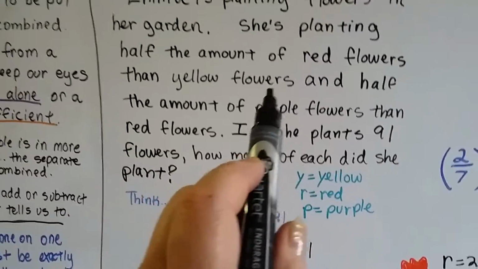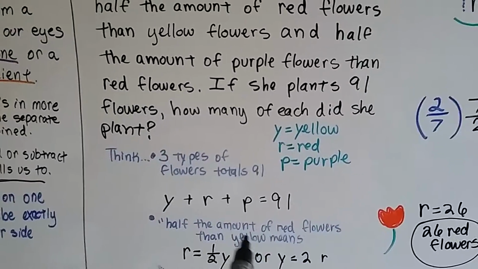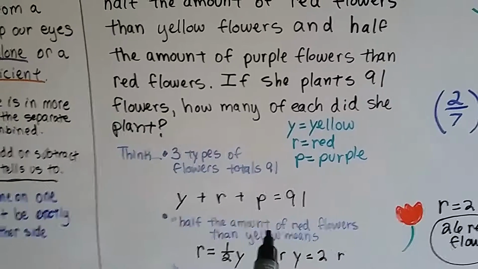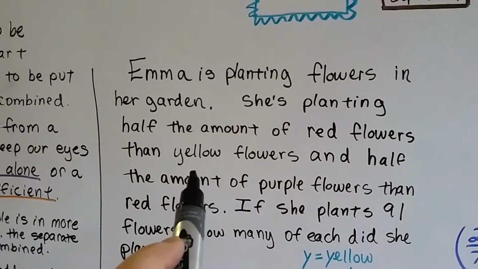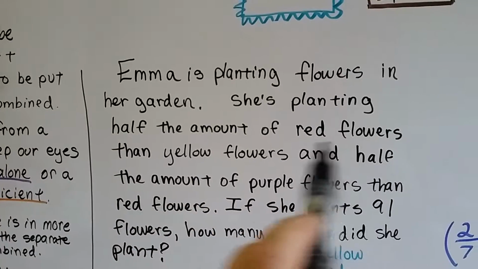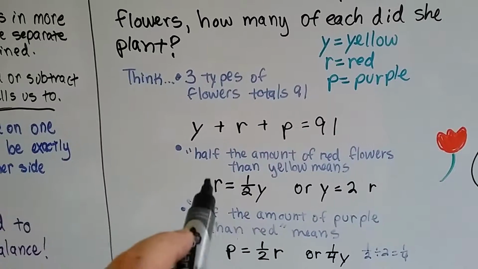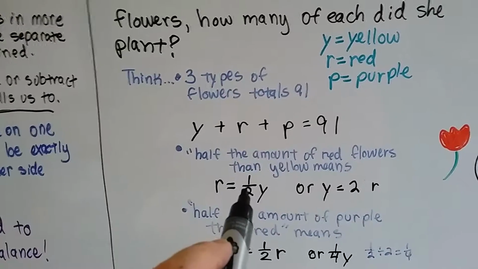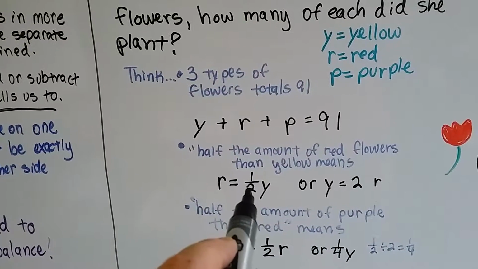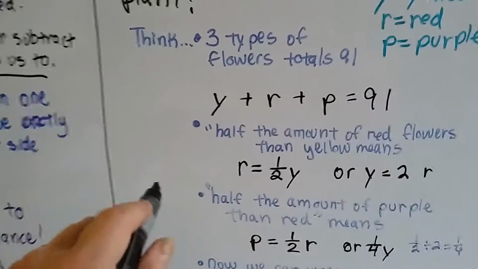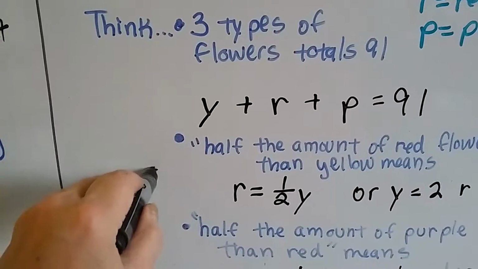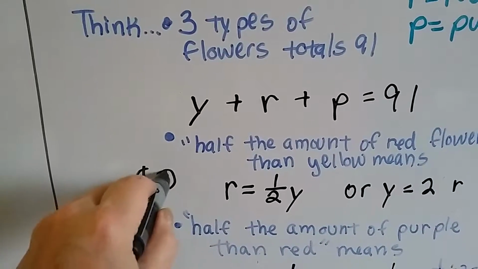Now, it says half the amount of red flowers than yellow. That means the red ones are half of what the yellow ones are. If the red ones took up this much space, then the yellow ones would take up the whole circle.